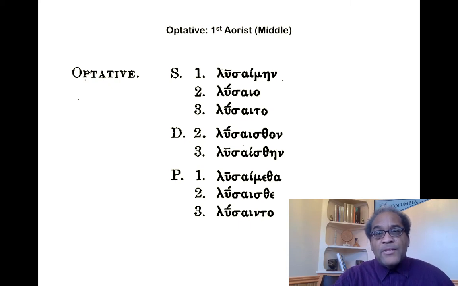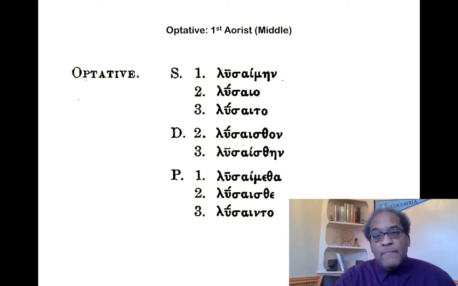As far as the middle is concerned, you don't have the variation. You just have the sigma alpha of the first aorist, and then the iota of the optative, and then your endings: mēn, o, to, metha, sthe, nto. So, lusaimēn, lusaio, lusaito, lusaimetha, lusaisthe, lusainto.